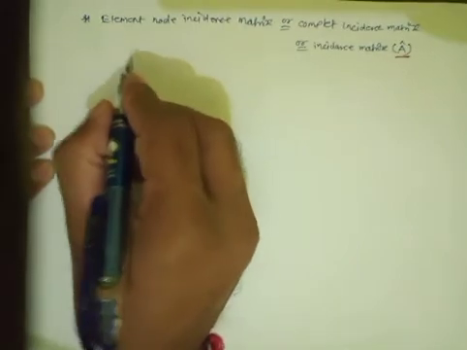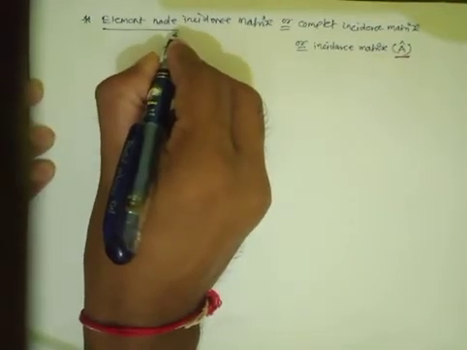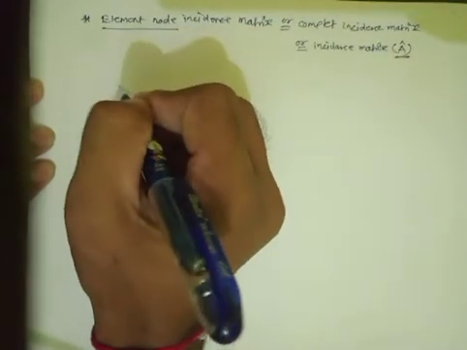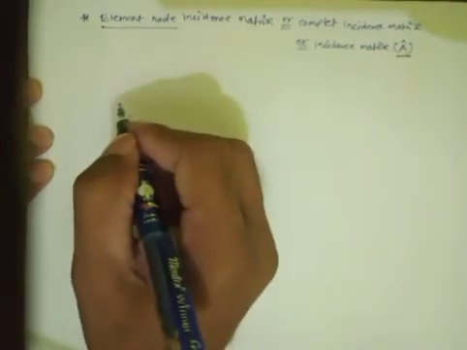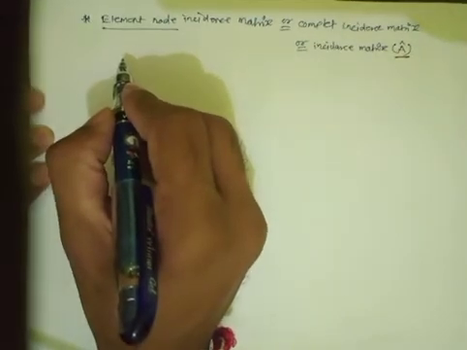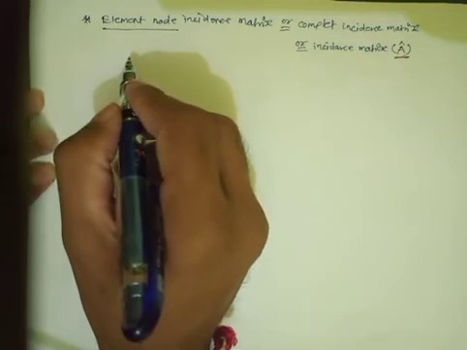Now here the name suggests that element node, okay, means this matrix is obviously between the number of elements and number of nodes. Okay, now very firstly I will draw the oriented graph which we discussed in previous class.